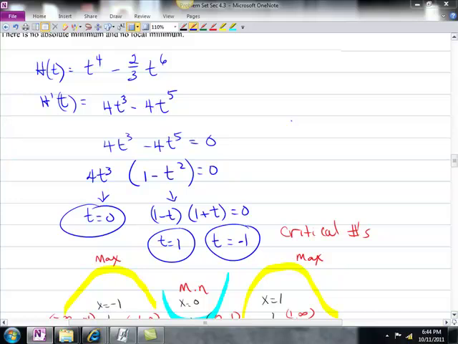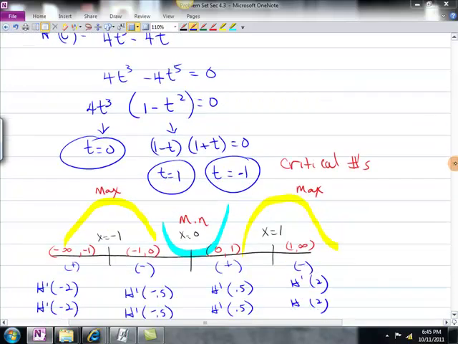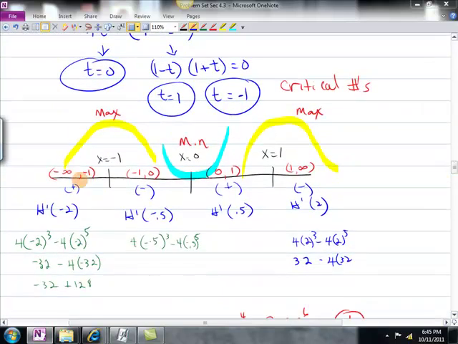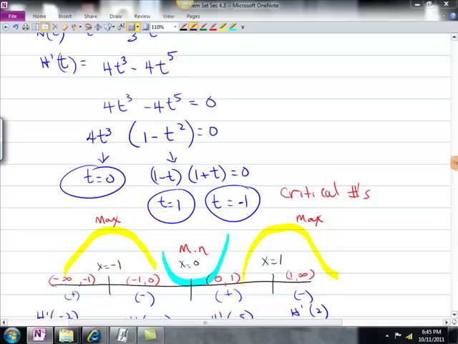Okay. But you plug your test point into the derivative. Yes, I would define the intervals. Do you have 4 intervals? Because you have 3 points. You should have these intervals.